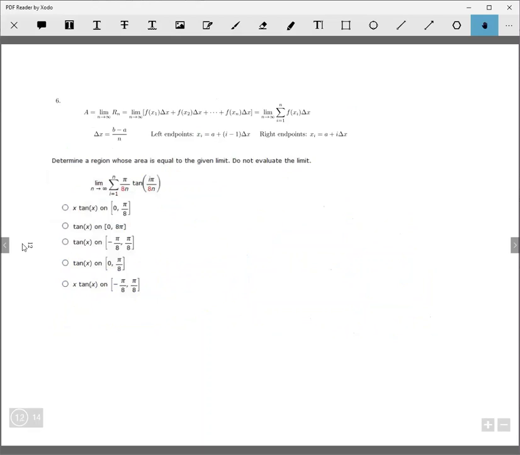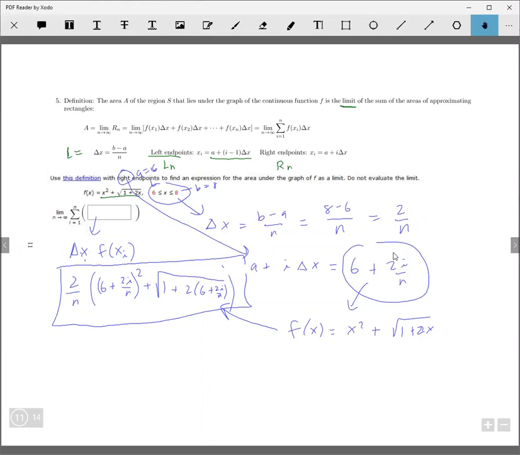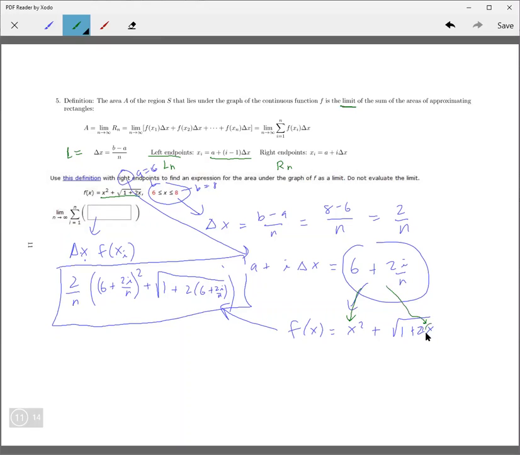Each of these x's gets replaced by that, and that's why this expression is here. So I have all this squared plus the square root of 1 plus 2 times all that, and that's all multiplied by the delta x, which is 2 over n.